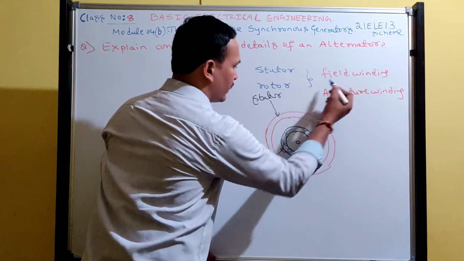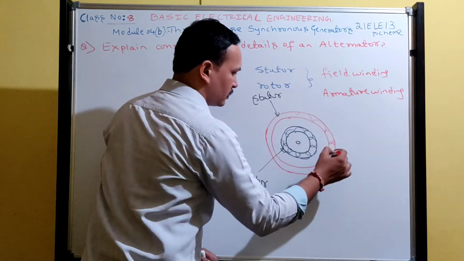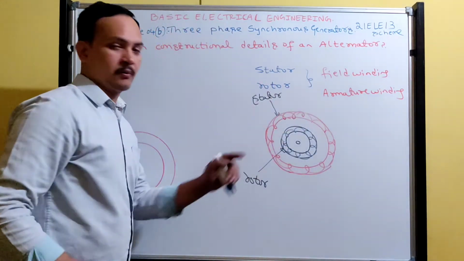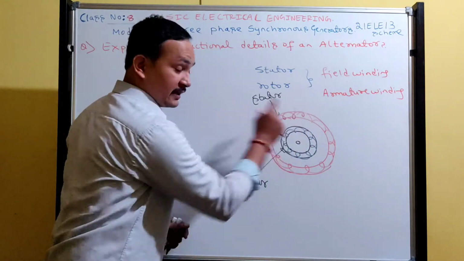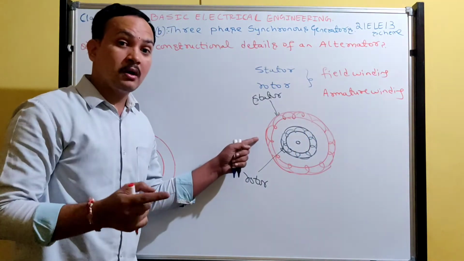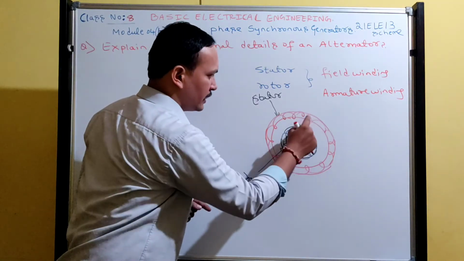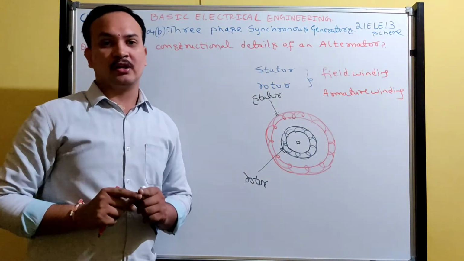If I put the field winding in the stator, then we should call it a stationary field. If I put the armature winding in the stator, then we should call it a stationary armature.